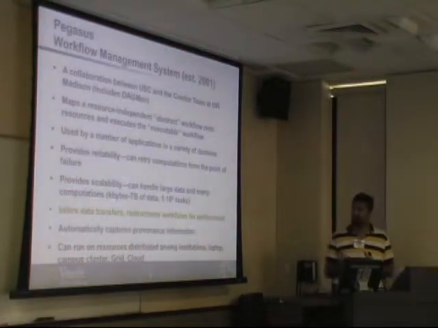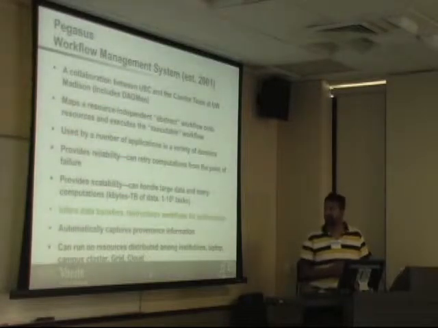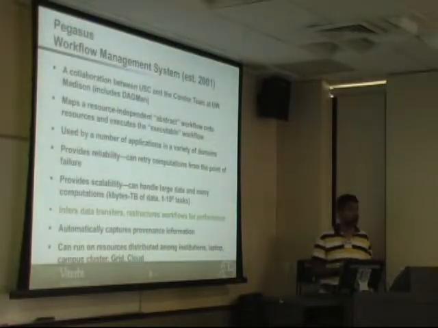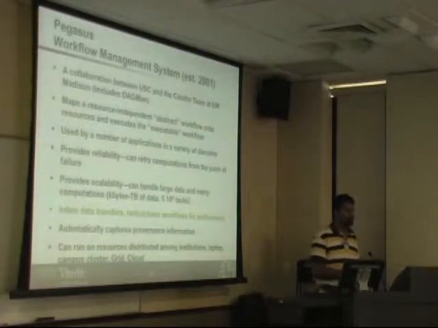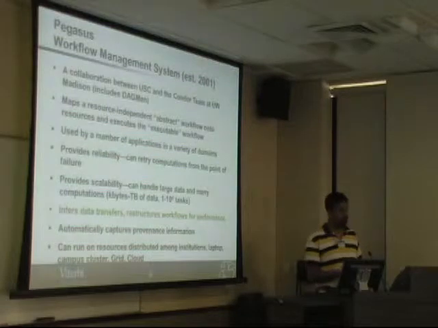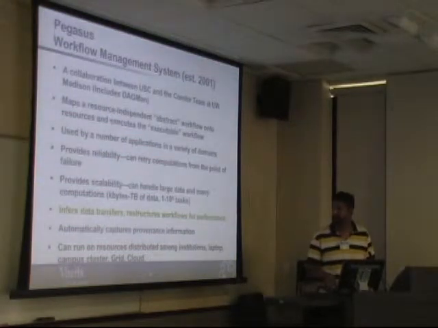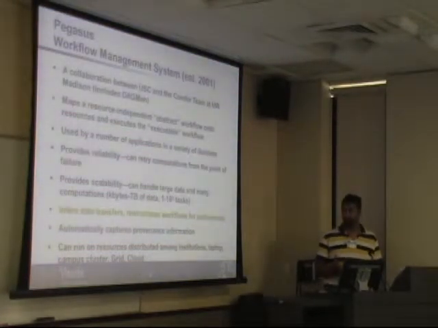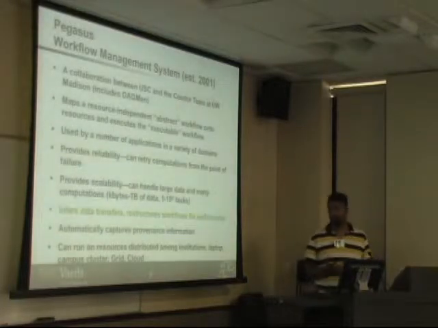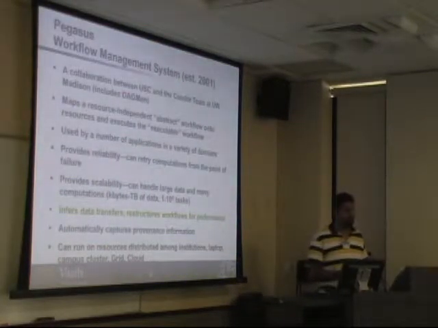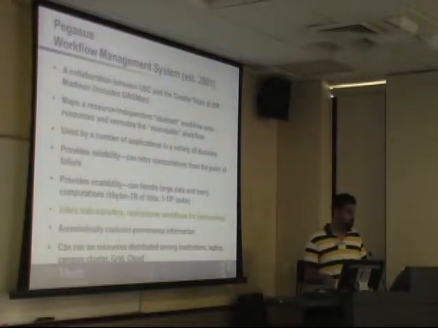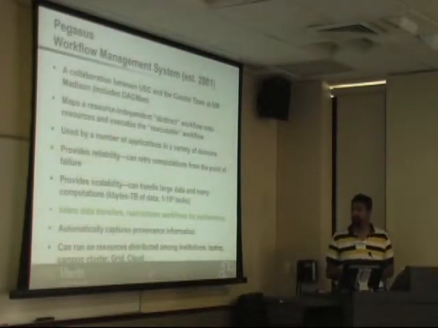The workflow system itself provides reliability. You can retry computations from the point of failure. You can do automatic retries in case of failures to account for nodes going down randomly. We provide scalability. We can handle large data sets and computations. Users have run workflows up to 1 million tasks in size.